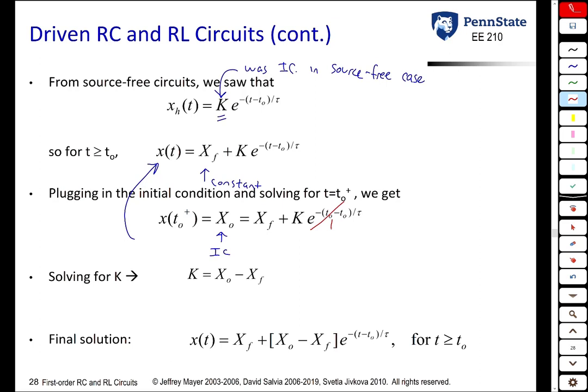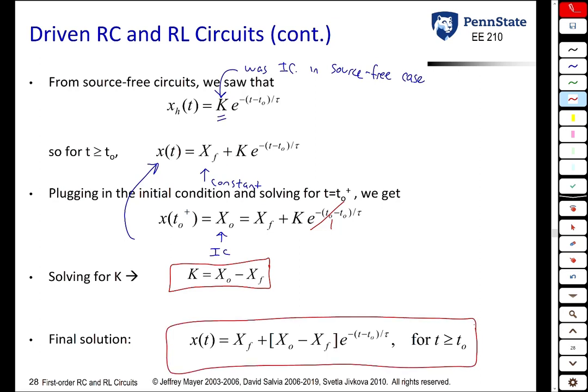So now we see that k is not x0, but it's x0 minus xf. So our final solution for t greater than or equal to t0 is x of t equals the final value plus initial minus final times e to the minus t minus t0 over tau.